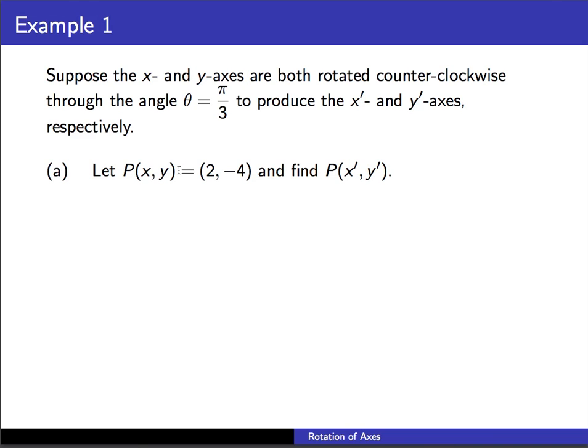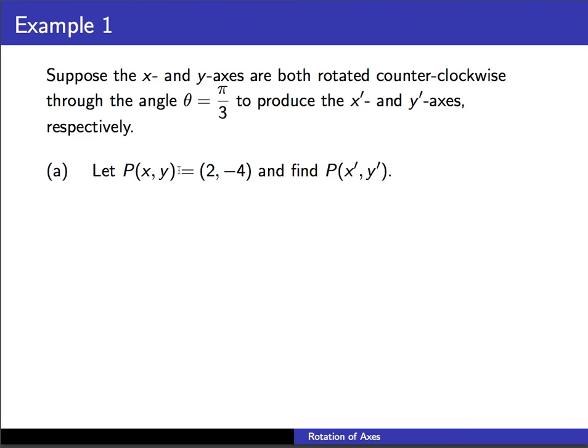All right, example 1. Suppose the x and y axes are rotated counterclockwise through an angle of theta equals pi over 3 to give us our new x prime and y prime axes. Let's say we had an original point of (2, negative 4). We want to find the new coordinates if we rotate that point 60 degrees counterclockwise about the origin.